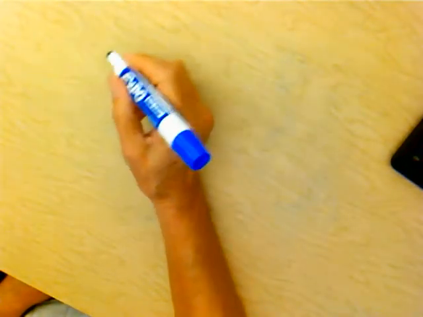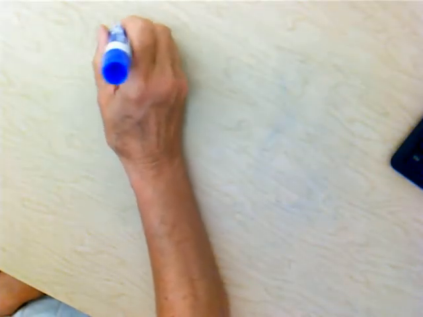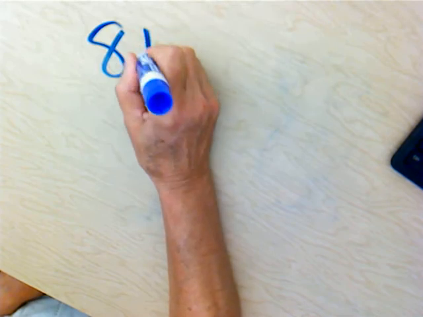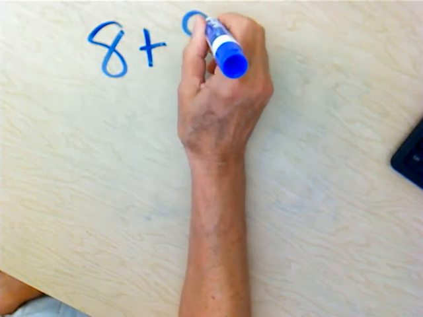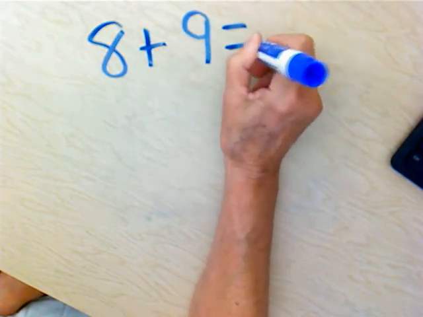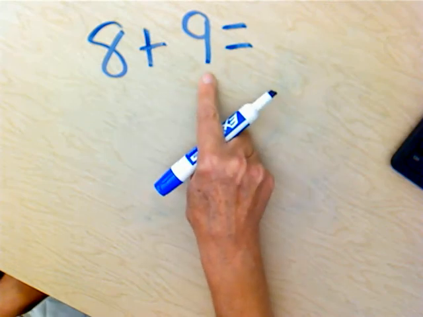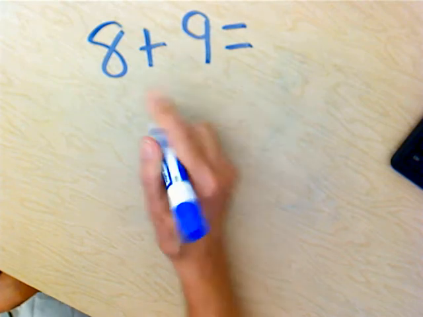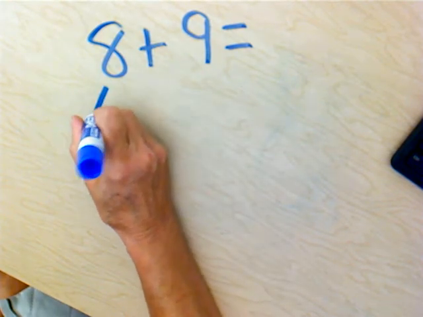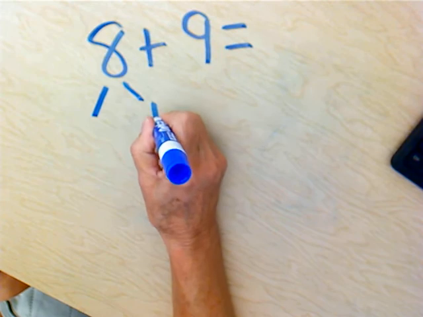Let's try another one. Let's do 8 plus, here's an interesting one, 8 plus 9. Well, 9 is closer to 10, and I know that if I add 1 to 9, I'm going to get 10. Yeah? So how about if I break my 8 apart with 1?